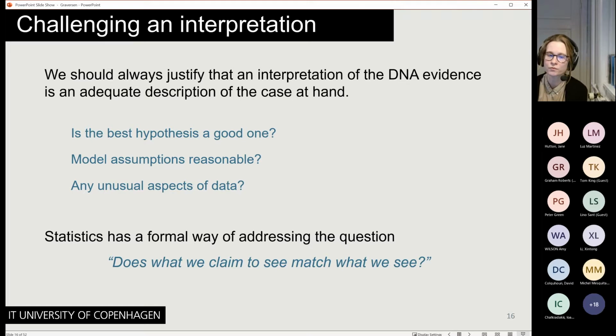We have a very beautifully systematic way of assessing whether what we claim to see actually matches what we see in the data, that I'm trying to push for.